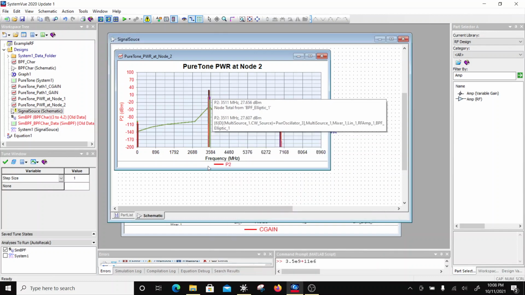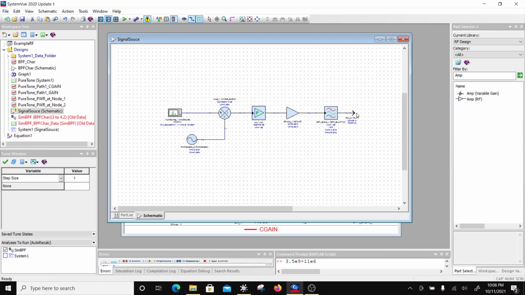And you can see which components are compressing here. So if you want to design for a certain compression, you can figure out whether the PA is compressing or whether the mixer is compressing, and then accordingly you can size the transistors of a mixer. If the mixer is compressing, you reduce the sizes of the transistors or you increase the current, so that will improve the compression characteristics of the mixer.